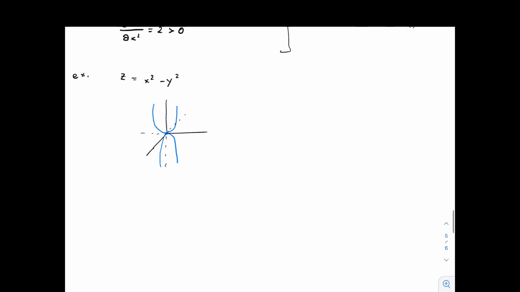Applying what we're considering in terms of our rules for finding a relative extrema, let's find it. So our partial derivative of z with respect to x is 2x. Partial with respect to y is minus 2y. That means that our gradient of z is this one.